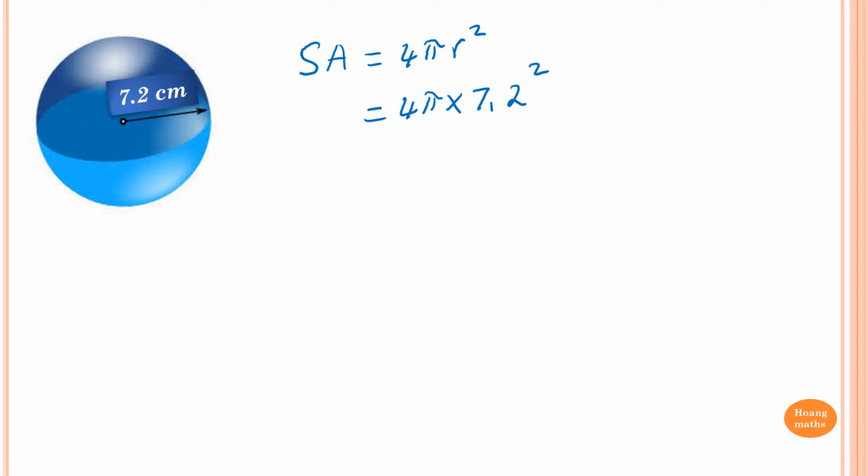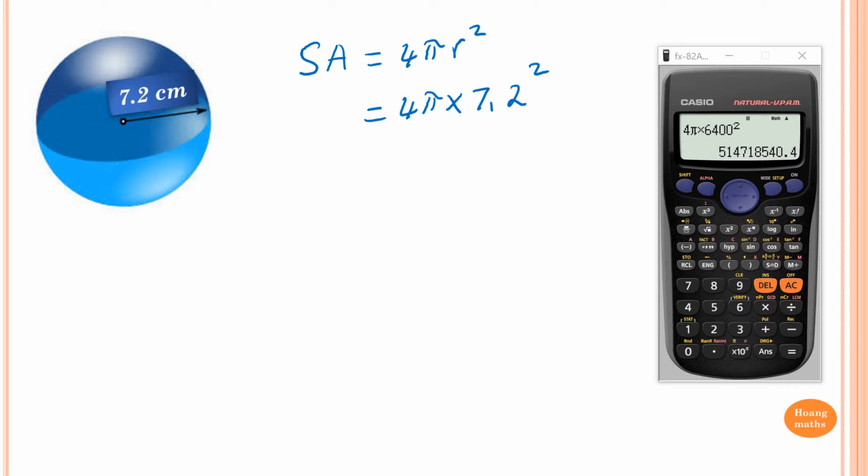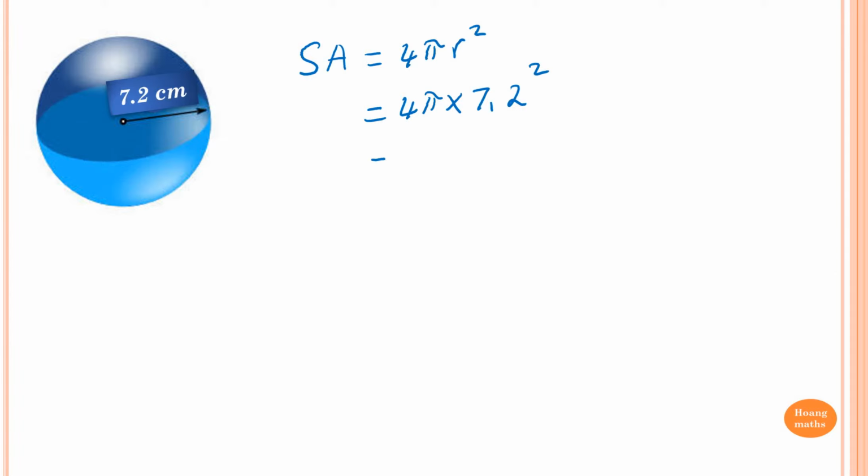So now just put that in a calculator. Just press 4 shift pi times 7.2 squared, which gives me 651.4406 and so on. But we write in 1 decimal place, so the answer is equal to 651.4 square centimeters.